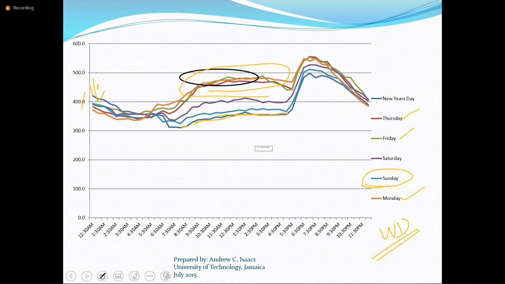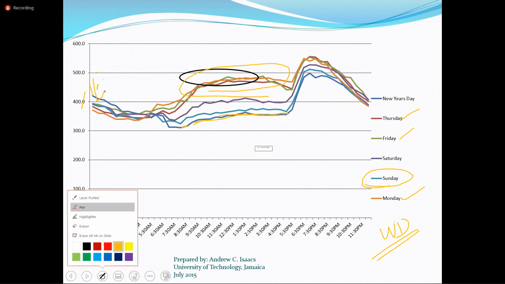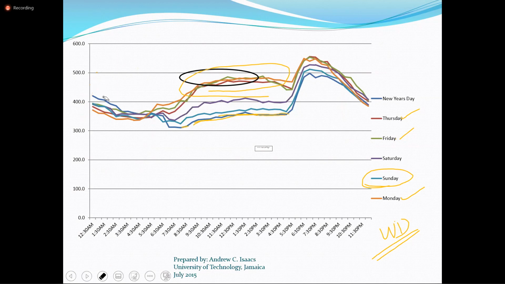So we are seeing it reflected in our social activities at this end. All right? So what I'm trying to highlight is that what we are seeing here is really representing our social activities as a people, highlighted there by what we are seeing for New Year's.